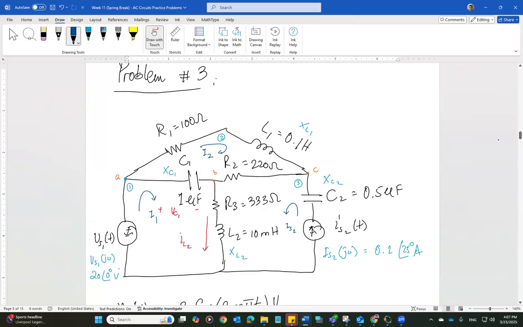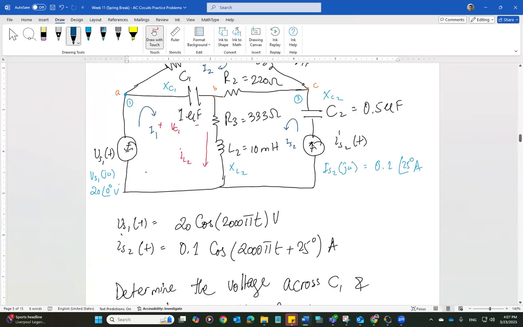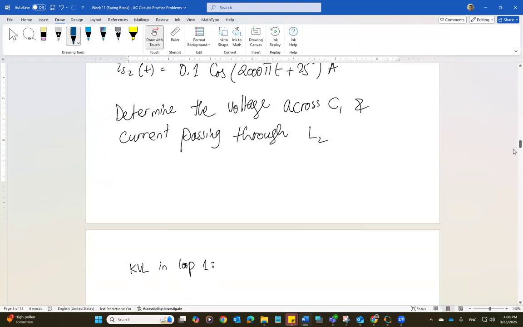So I'm going to go ahead and apply KVL in mesh number 1, and that's going to be VS1 equal to (I1 minus I2) times XC1, and then (I1 plus IS2) times (R3 plus XL2). That is going to be the equation for this.